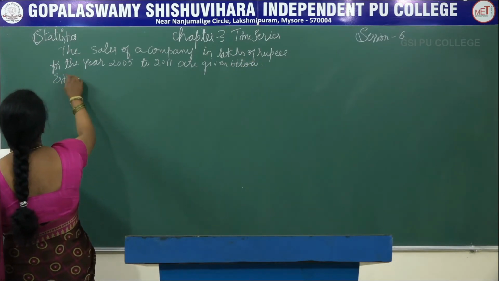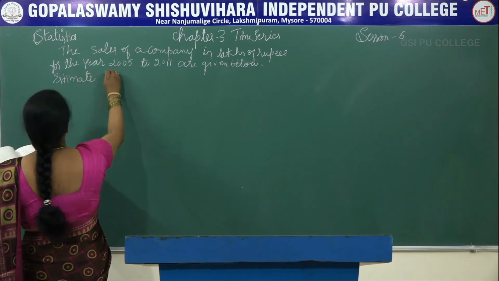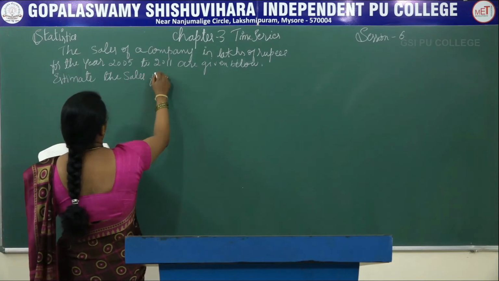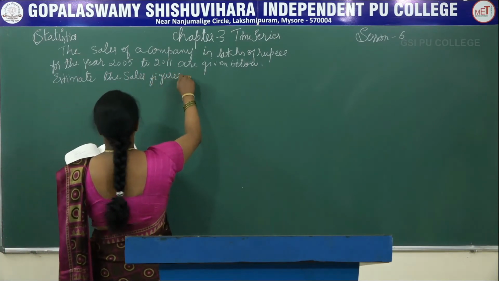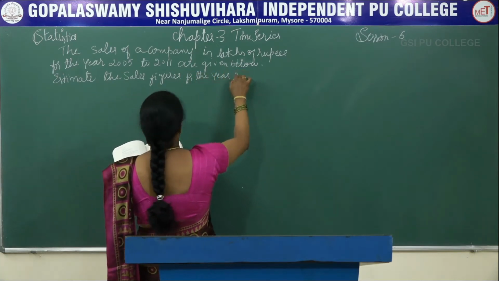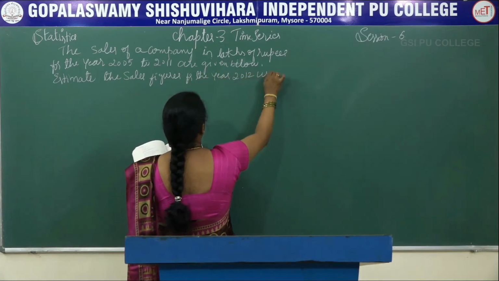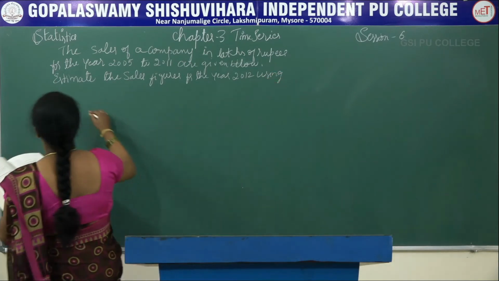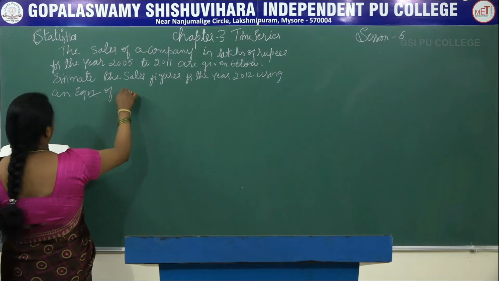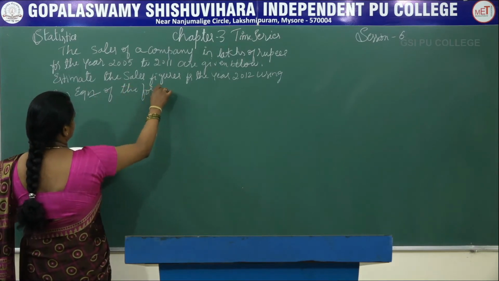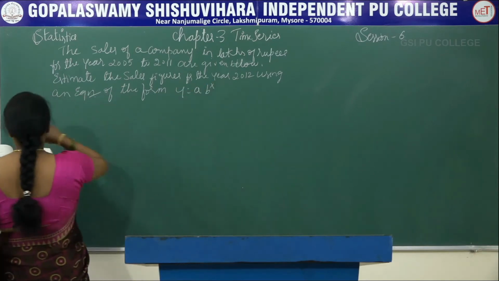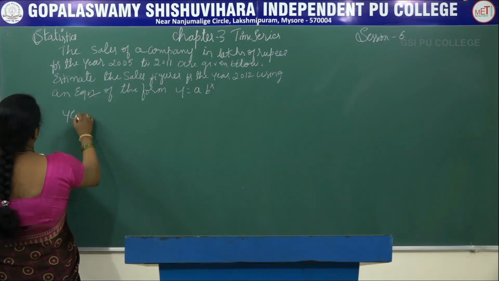Estimate the sales figures for the year 2012 using an equation of the form y equals ab power x, and the problem is like this.